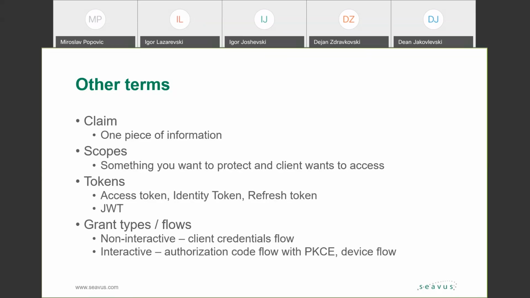On the other hand, we have identity tokens, which were added by OpenID Connect. Identity tokens contain some claims about the user, and they're basically the result of the authentication process. Those are one-time use tokens and can be safely discarded once you get the data from them. And at the end, we have refresh tokens.